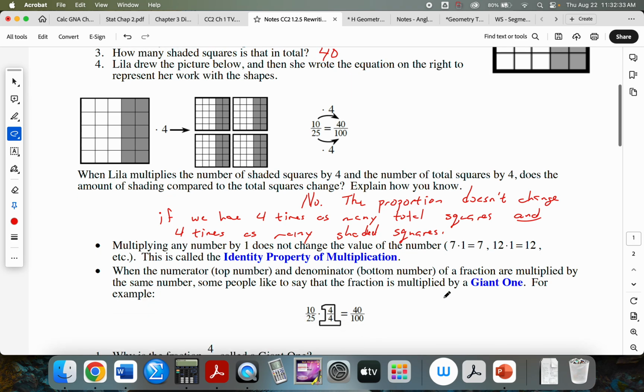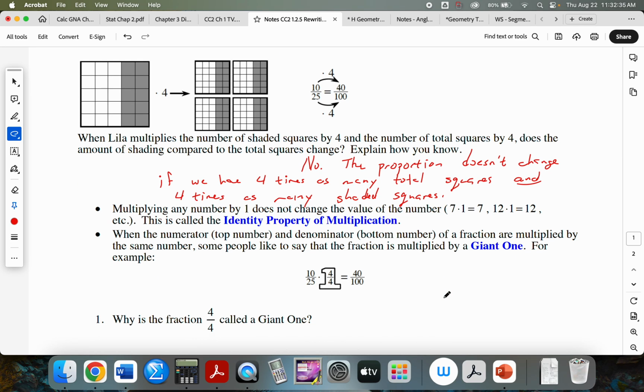So when the numerator, remember that's the top number, and the denominator, that's the bottom number of a fraction, are multiplied by the same number, some people like to say that the fraction is multiplied by a giant 1. By some people, they mean the authors of the textbook. They're the ones who decided that we should call this a giant 1.